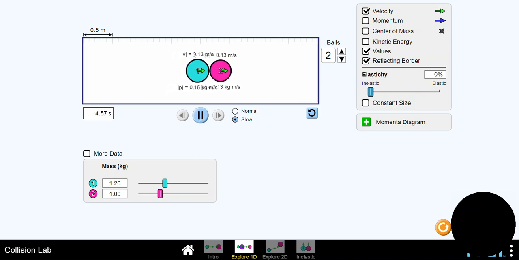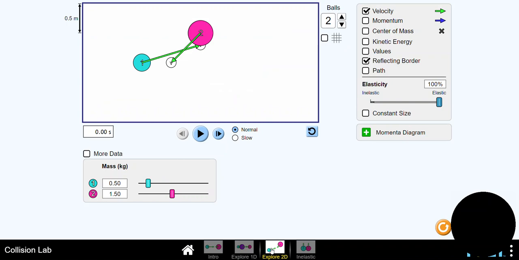So now they have the same velocity, and they will have a linear momentum depending on the velocity and the masses. The linear momentum is going to be a little bit different for each of them because they have different masses, right? So that's clear. So this is one dimension.